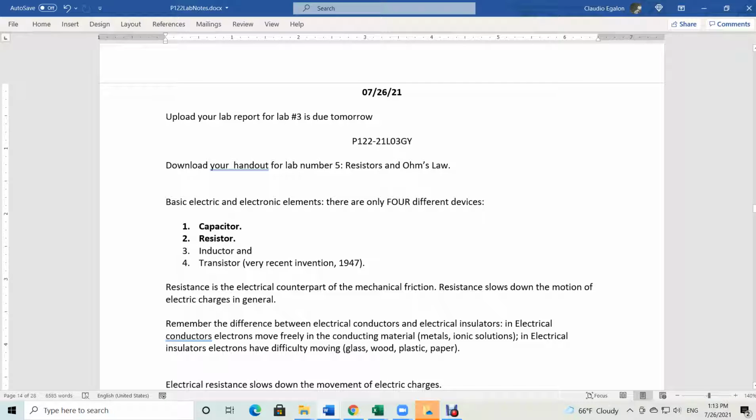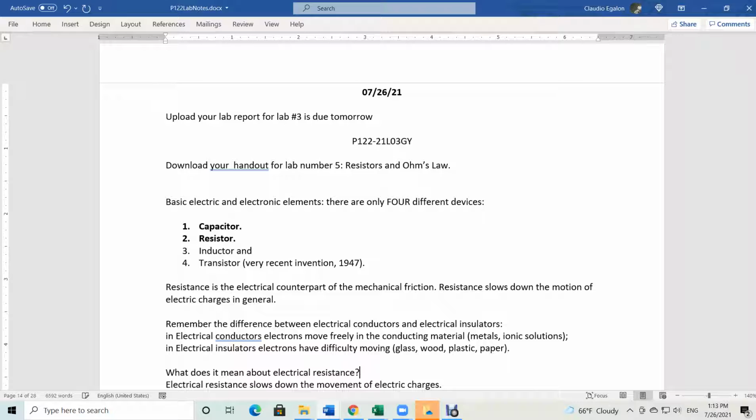Now, what does it mean about electrical resistance? It means that the resistance is lower in conductors and higher in insulators.